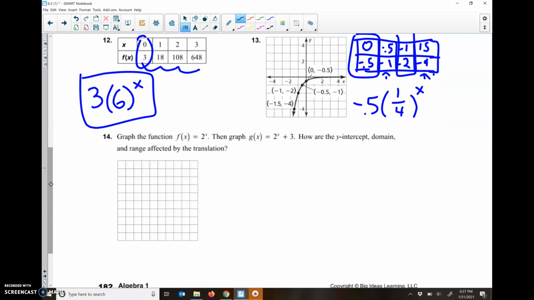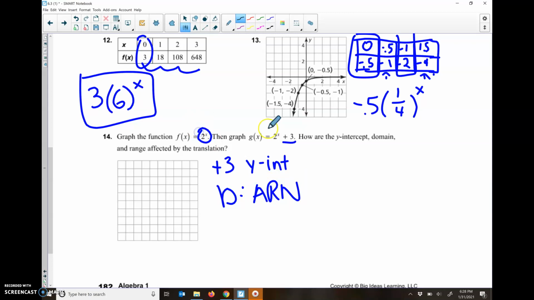All right, and then on 14, we need to graph this point, and then find the y-intercept, domain, range, and how they are affected by the translation. Our y-intercept, since it says plus 3, is positive 3. Domain, all real numbers. It doesn't matter if it's 2 to the x or 2 to the x plus 3, it is all real numbers.